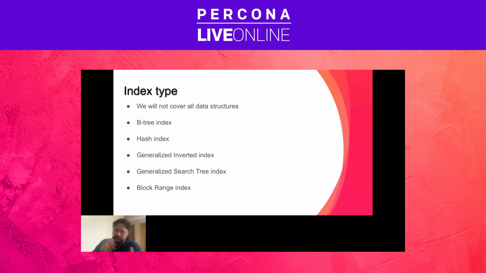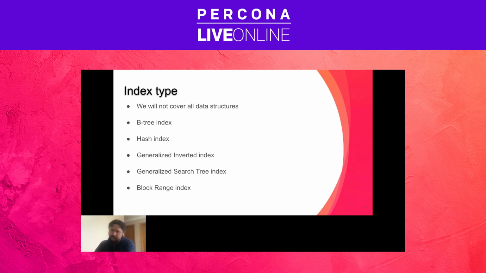If we are doing searches or selects using a range scan, which is most of the cases, this is one of the best indexes that we can use. That is the B-tree index, and that's why it's usually the default index for most databases. When you create an index, you just create it as B-tree by default.